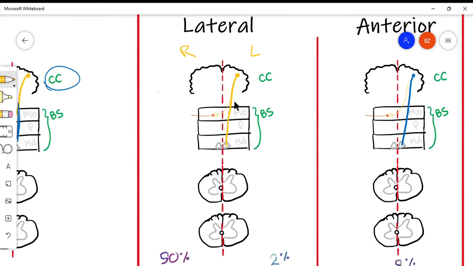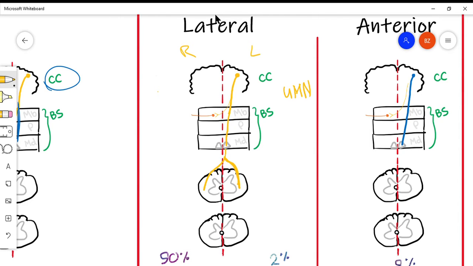So this is the upper motor neuron again, so that we don't forget the color code. The upper motor neuron goes from the cortex, through the brainstem, exits through the pyramid, and then it has to go laterally, right? Because we are talking about the lateral tract. So it'll either go laterally over here, or laterally over here, right?